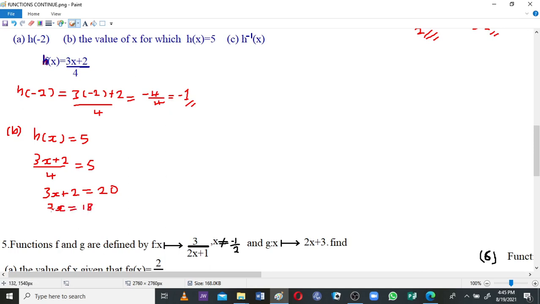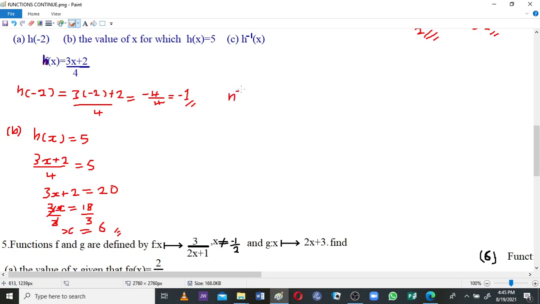So this is 3x and not 2x. Dividing both sides by 3 and applying the cancellation rule, we are going to get x is equal to 6.